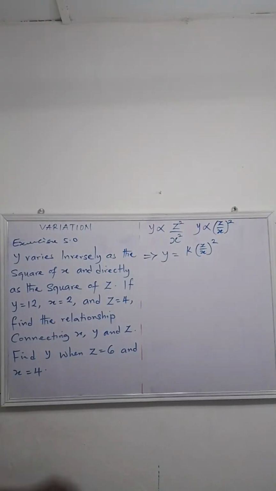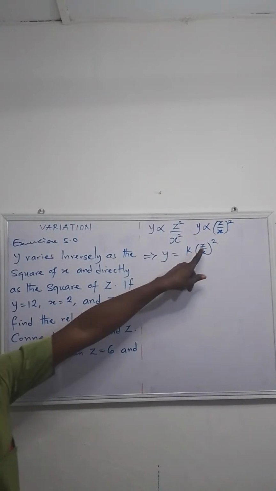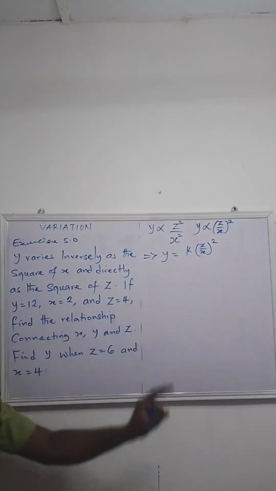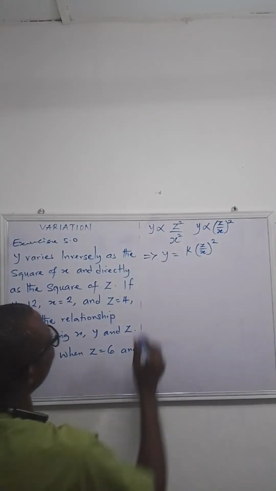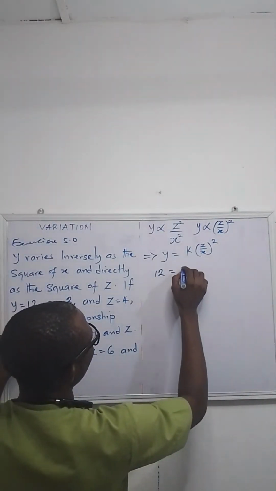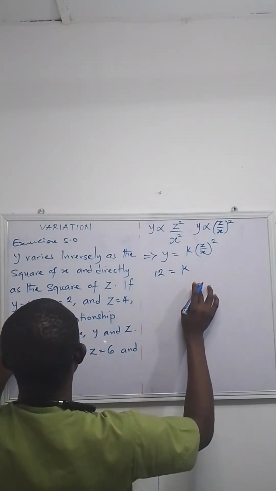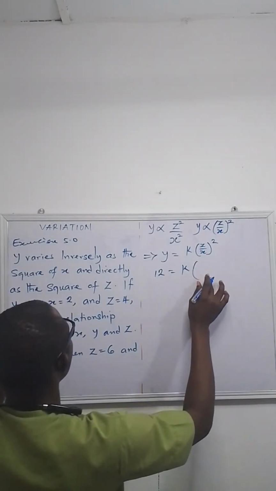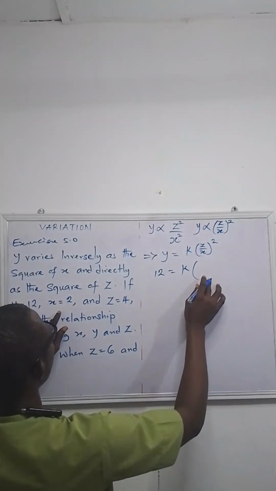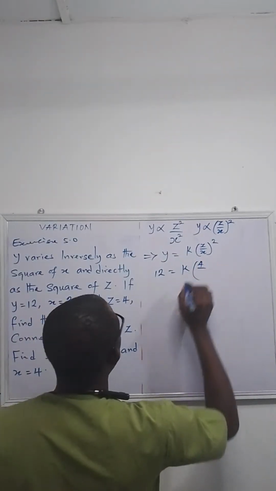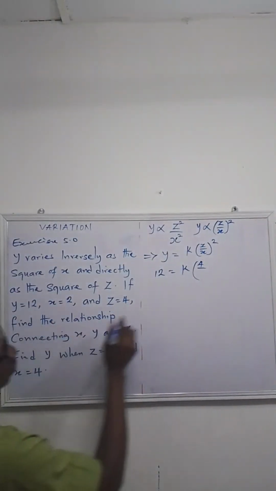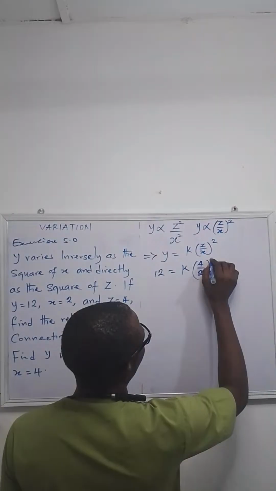All right, now let's plug in the values of y, z, and x. So now, what do we have? y is 12 equals k times z over x squared. What is the value of z? z is 4. We have 4 over x, and x is 2 raised to the power of 2.